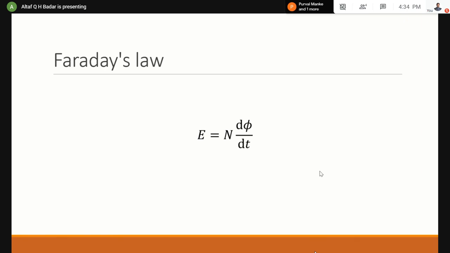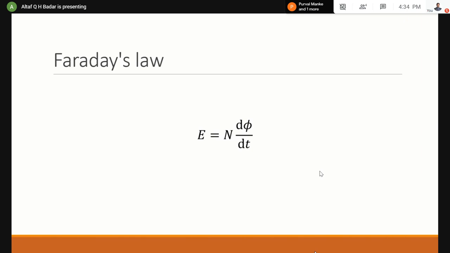That means some current was flowing in the coil. So he concluded that because of the movement of the magnet, he was getting some current. So he then created certain laws, which are called Faraday's laws of electromagnetic induction.